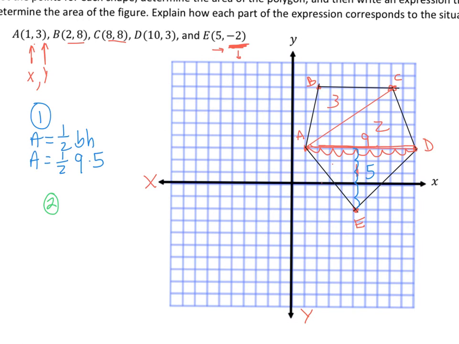I know that I'm going to use the same formula because I'm working with triangles. And I know that I can call my base 9 still, because I'm still going to use this straight line that I made. Now I've got to find the height. So I'm going to go to the peak point of triangle 2, which is C, and I'm going to come straight down to form a 90-degree angle or perpendicular line segments with my 9, which is my base.